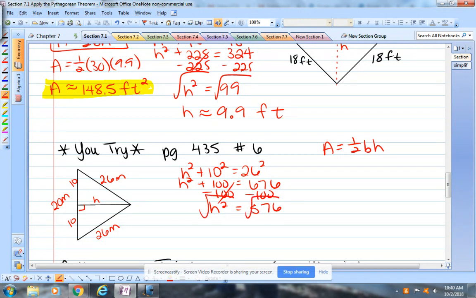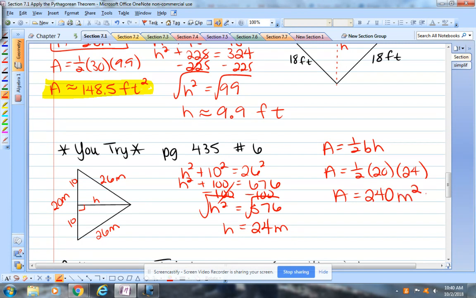And you take the square root, and the height is, does that make sense? Is it smaller than the hypotenuse? Yes. So 24 meters is your height. So you have area equals 1/2 times what's your base? 20. And what's your height? So it's 10 times 24, which is what?